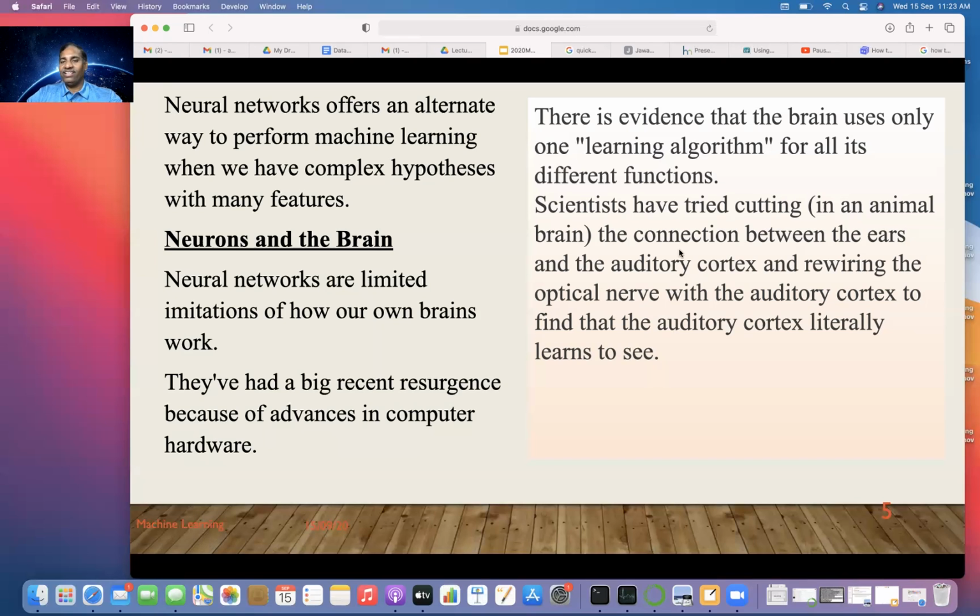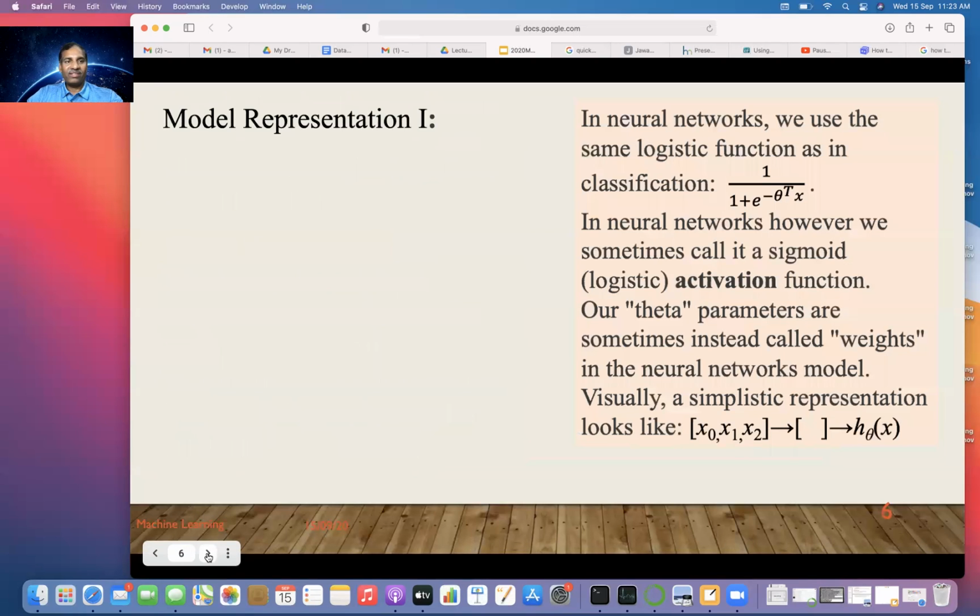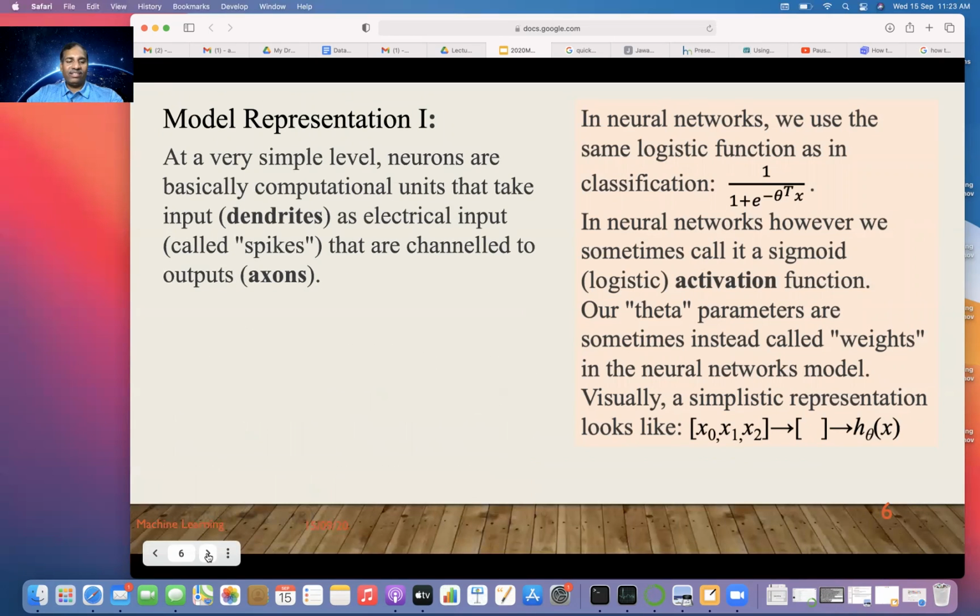They tried to change those cortices from ear to nose, nose to ear. Will it learn the same thing, smell and all those things? That is what scientists did. This principle is called neuroplasticity and has many examples and experimental evidence that there is only one learning function, whether the signal is coming from the nose or the ears.